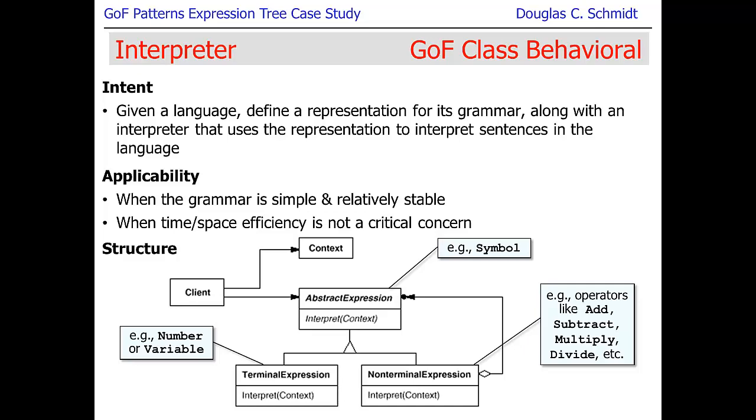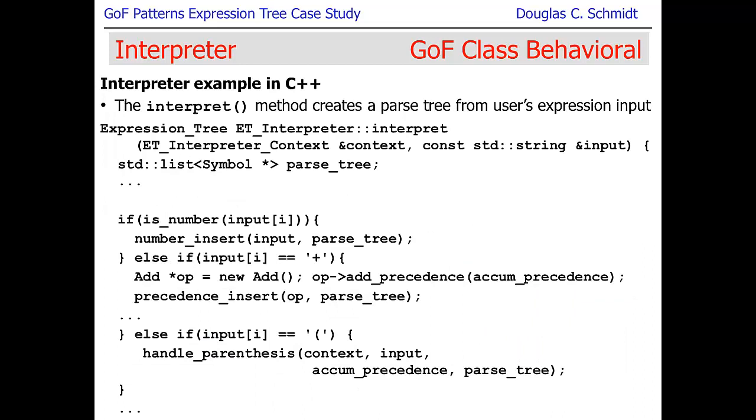Yeah? Does this have anything to do with what we learned about in CS212, which was given a language to design a finite state automaton? Great question. How does this relate to automata theory and automata and so on? There's a huge relationship. So parsing and lexing are really about automata.